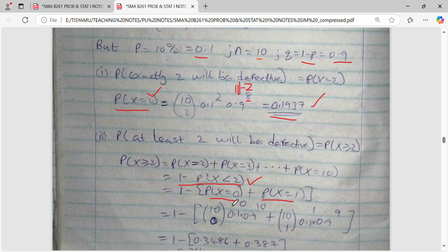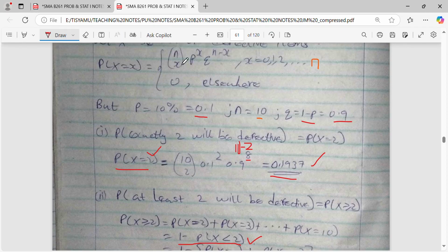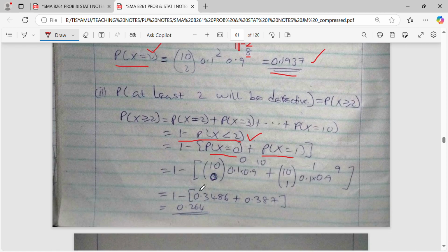So for the probability that X equals 0, where there is x, we are going to put 0. So we are going to have our n being 10, x now is 0, times p raised to 0, times q raised to 10 minus 0. So for the first part, this is what you are going to have. Then for the second one, we are going to substitute x with 1.